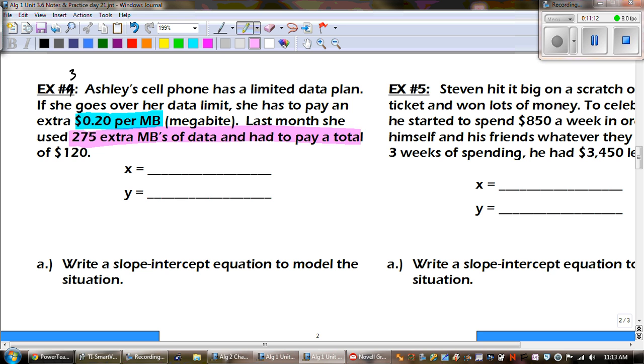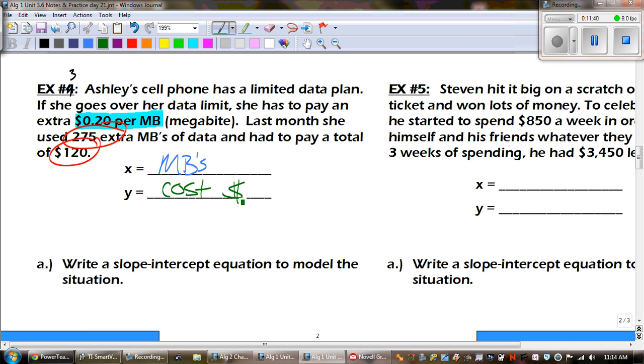What I noticed right there is that's a sentence, and in that sentence there are 2 numbers. So that means that's a point. X is going to be our megabytes, and the Y, once again, is our cost.